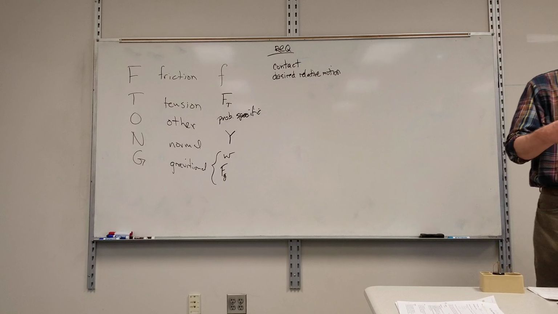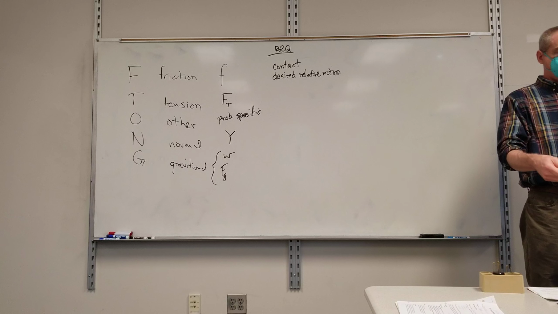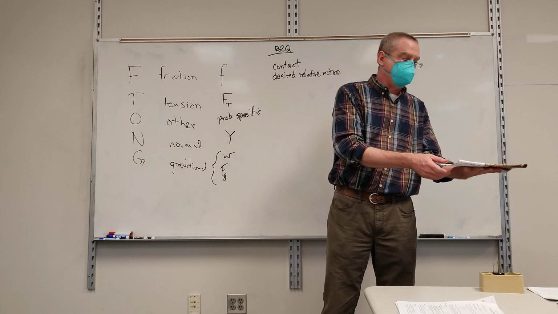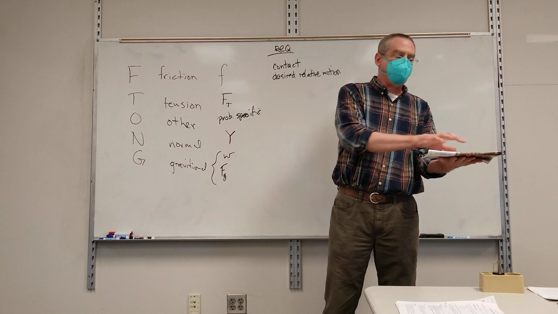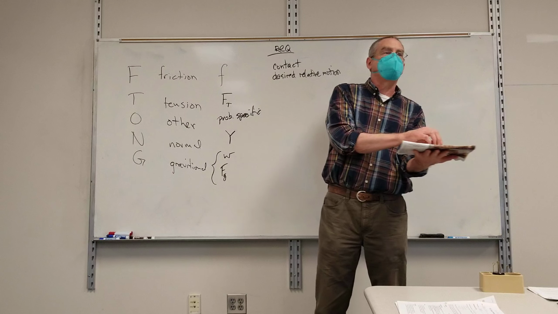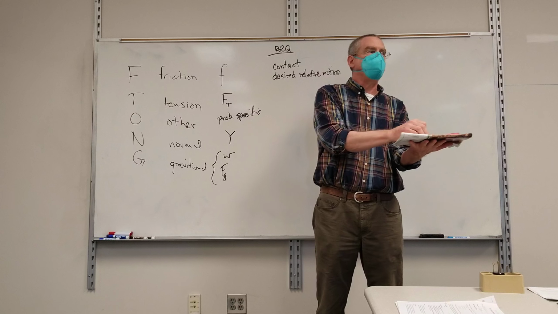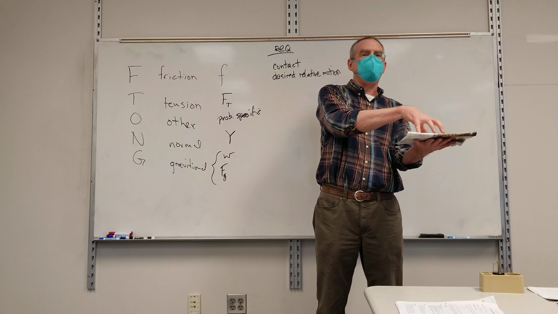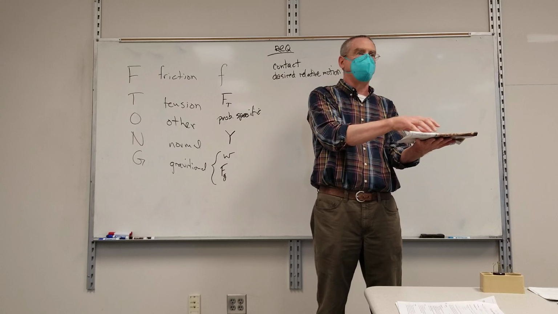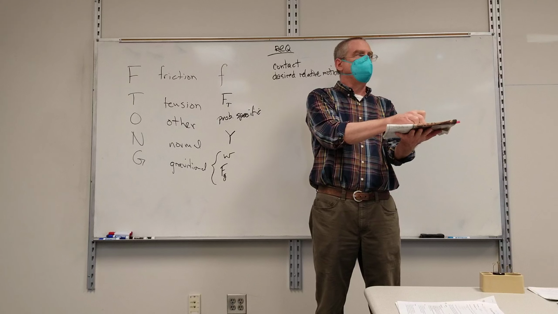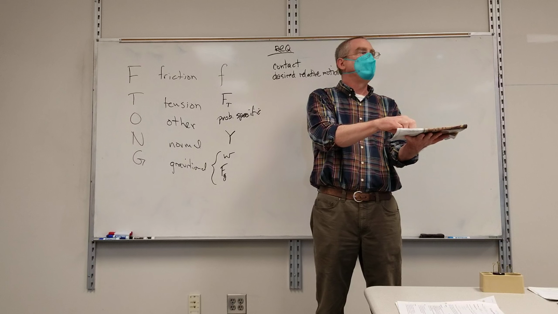I have a pin on this calendar. As I started to move, if this were frictionless, what would the pin have done if I start to move? Yeah. So there's desired relative motion, desired motion relative to what it's touching, not relative to the earth, but relative to what it's touching. So it would go that way, and friction hates that. So which way would friction act on the pin?